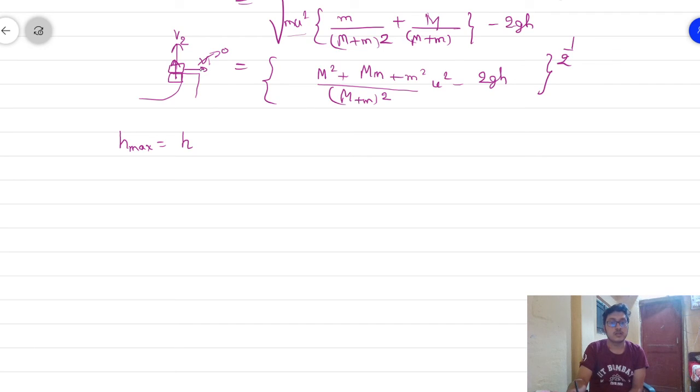The velocity in the horizontal direction just vanishes out. You can easily check it. So maximum height can be written as v2 square over 2g, and we can substitute the value of v2 calculated above here and get the final answer. So this question has been solved.